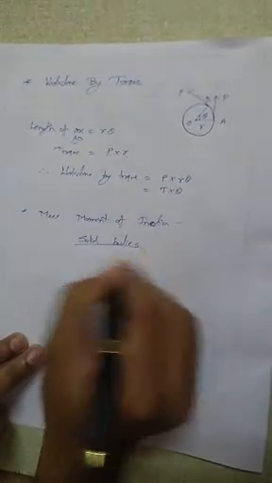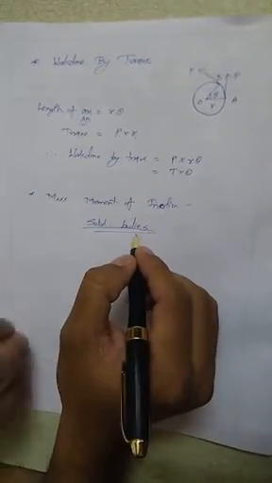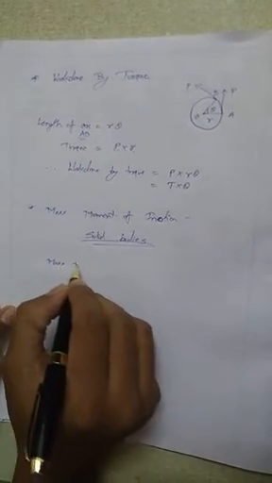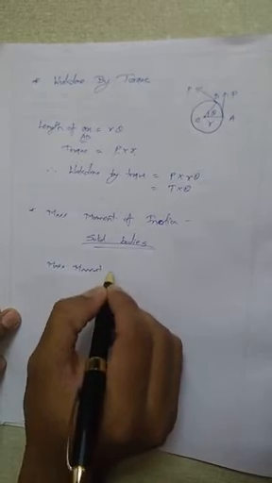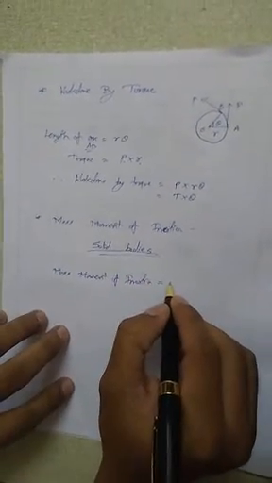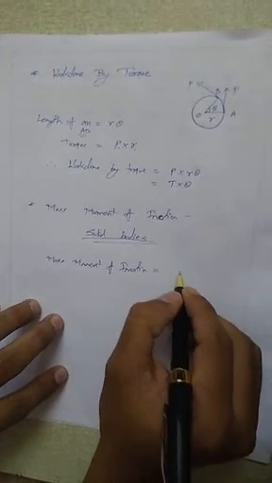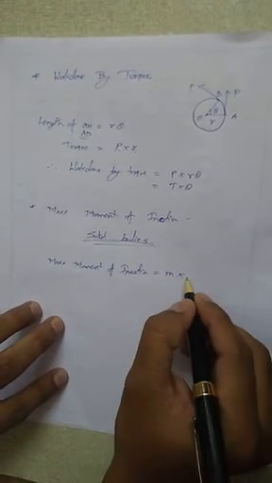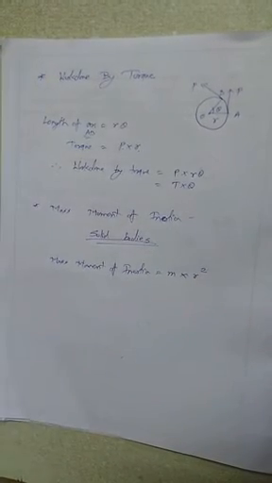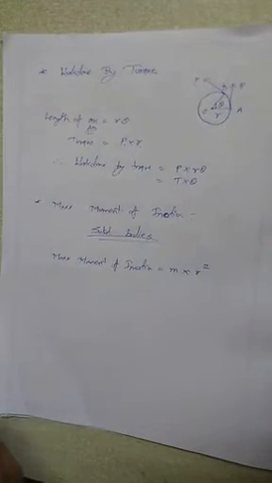Mass moment of inertia is a product of mass and the square of the radius, that is the mass moment of inertia.